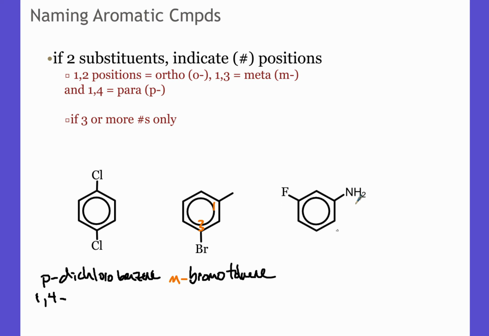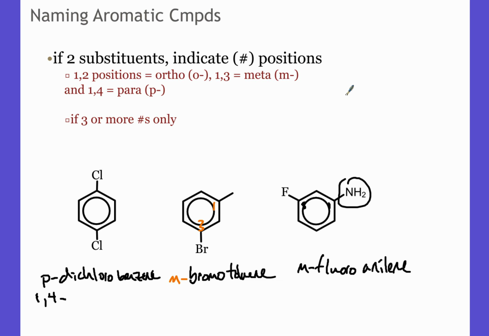The last one over here, I have to recognize this special thing again. This is an aniline. It's a fluoroaniline. Sometimes I struggle with this pen, but it's a fluoroaniline. And I'm going to go ahead and use the letter M again because it is still meta. It's still a 1, 3.